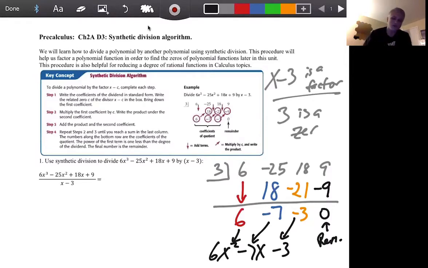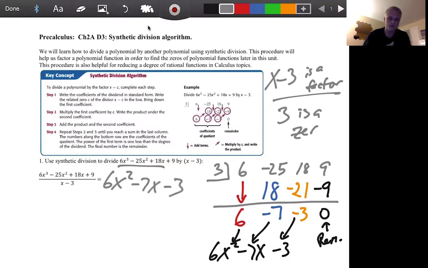So with that, we can look at our example here. Use synthetic division to divide this polynomial by x minus 3. Okay. So we just did that. So our answer is 6x squared minus 7x minus 3.